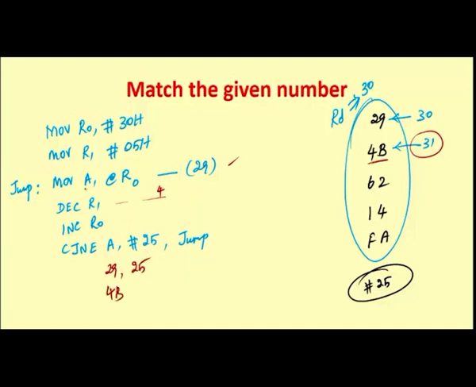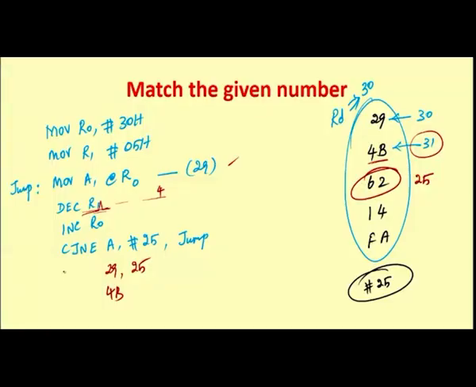Now I call the next number, 4B, which is also not equal. Till it gets an equal match, the process repeats, and at the same time the loop counter decreases. Suppose my third data is 25, then it will exit from the loop. Once it exits from the loop, you can do whatever you want.